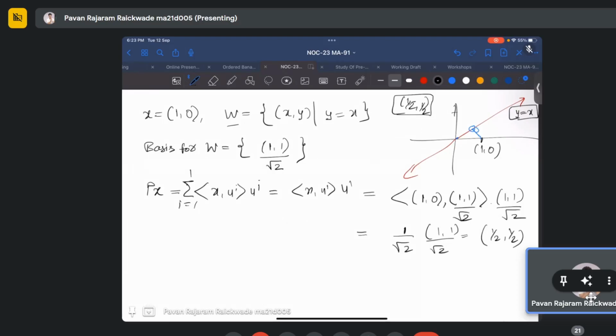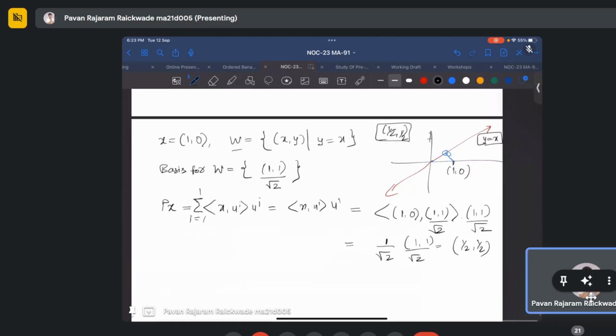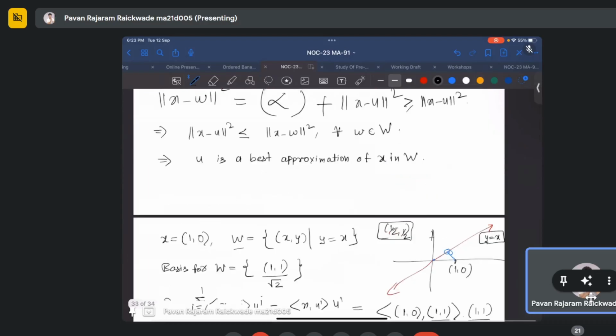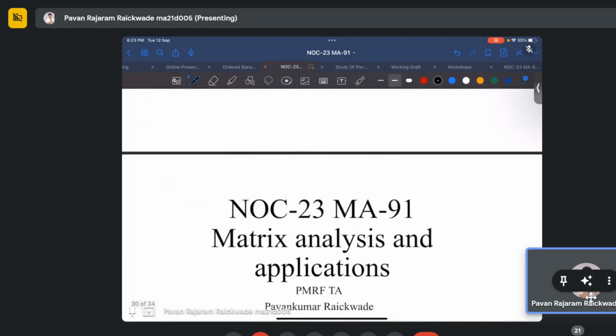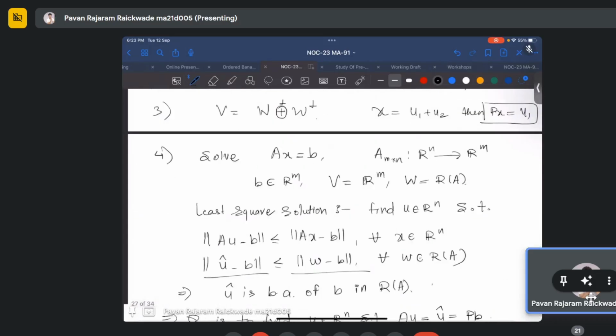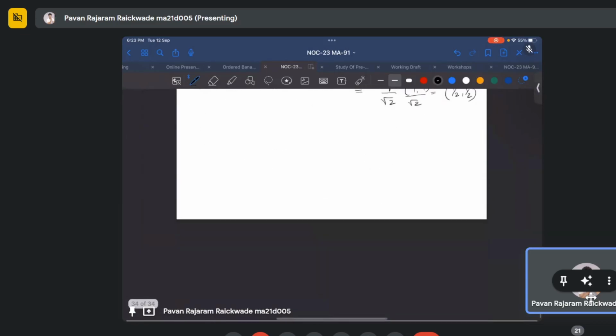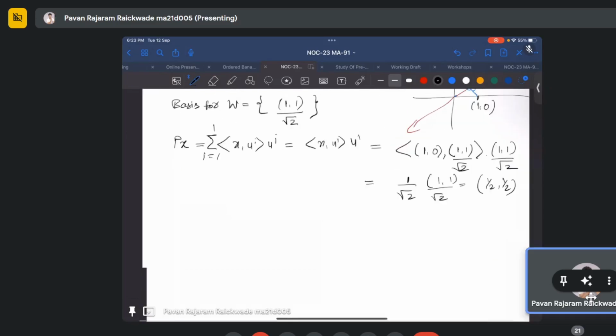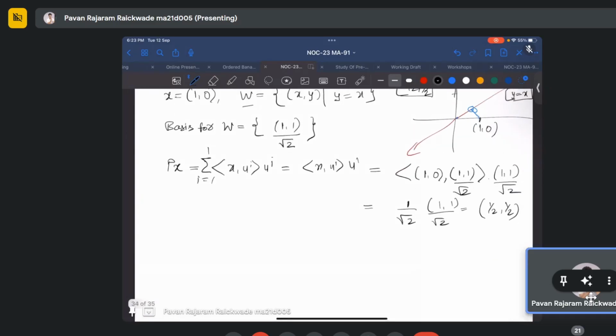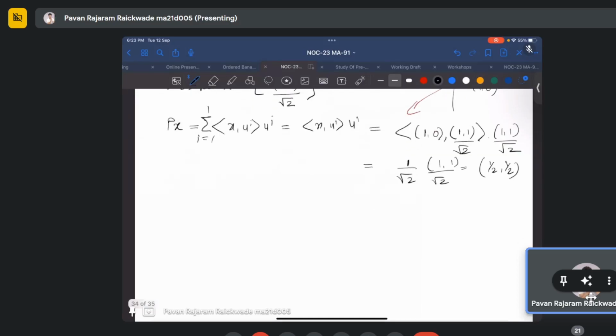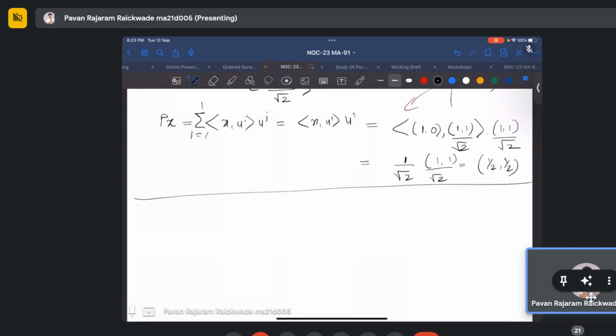Now, how is this all related to the Moore-Penrose inverse? Until now, we can find the element in a subspace which is closest to a given element. Now consider the system Ax equals b.